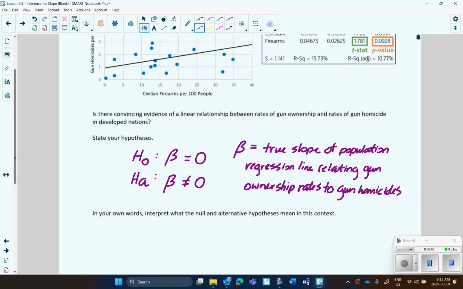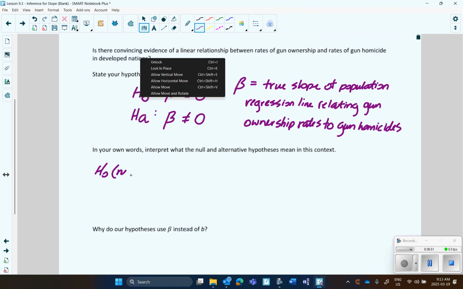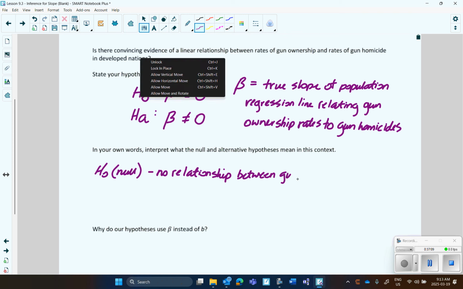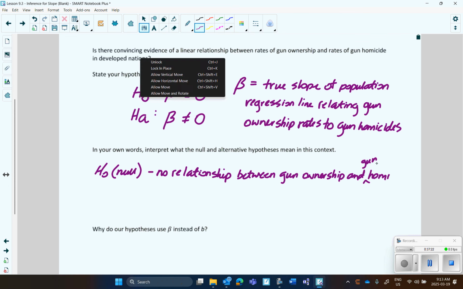What's the interpretation? Well, H0, or the null: no relationship in gun ownership and homicide rates, or gun homicide rates.